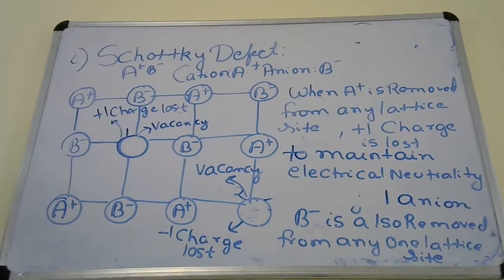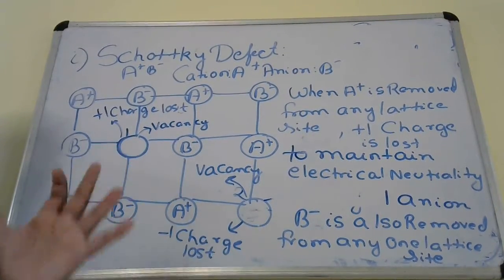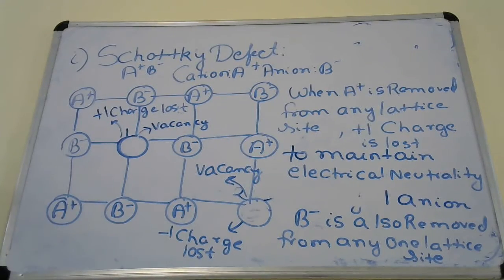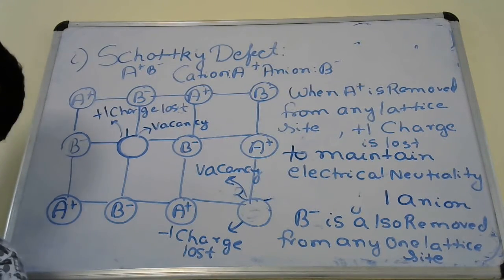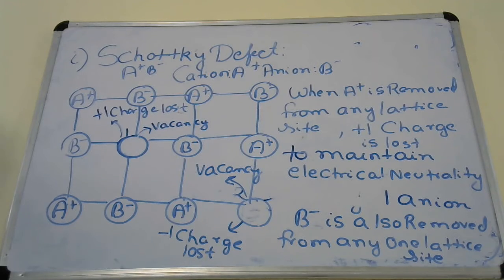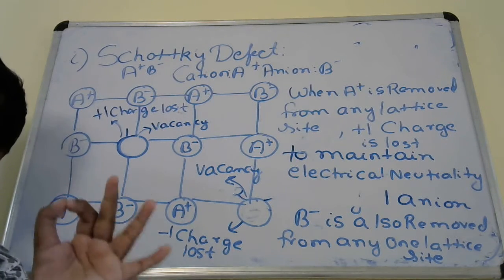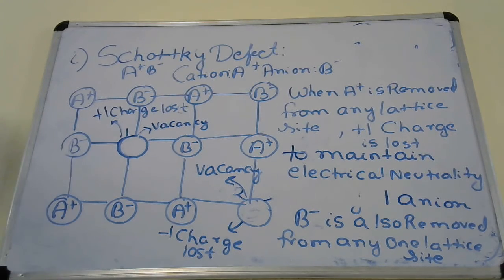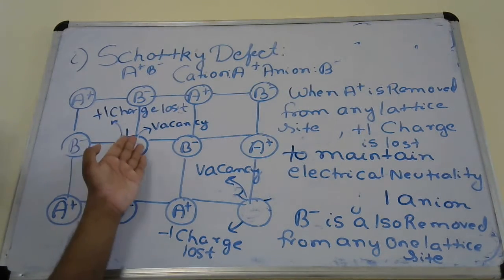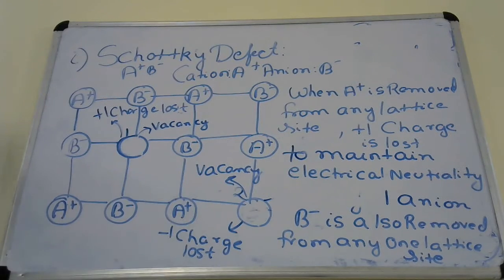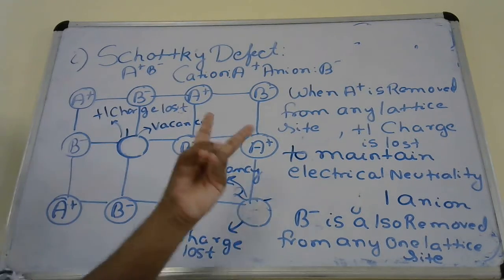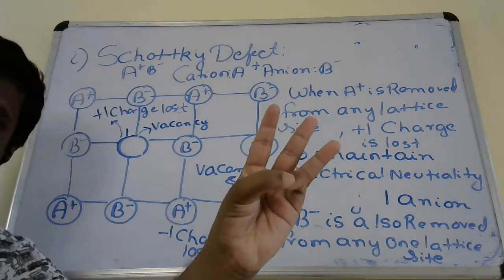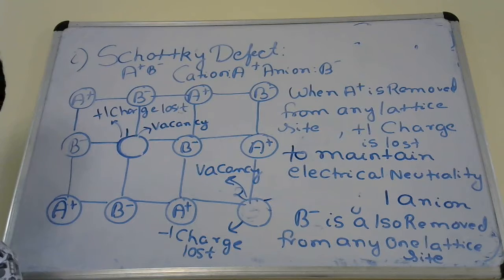So to maintain electrical neutrality, we have to remove an equal number of cations and anions. Means if I am removing one cation, I have to remove one anion. If I am removing two cations, I have to remove two anions. If I am removing three cations, I have to remove three anions.